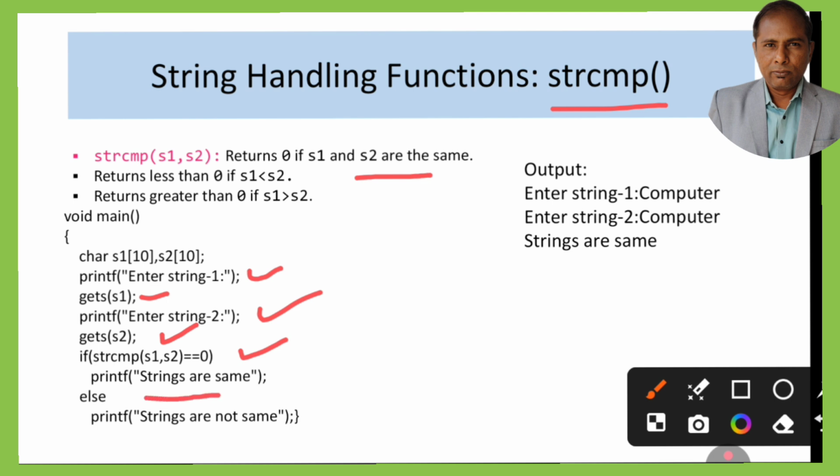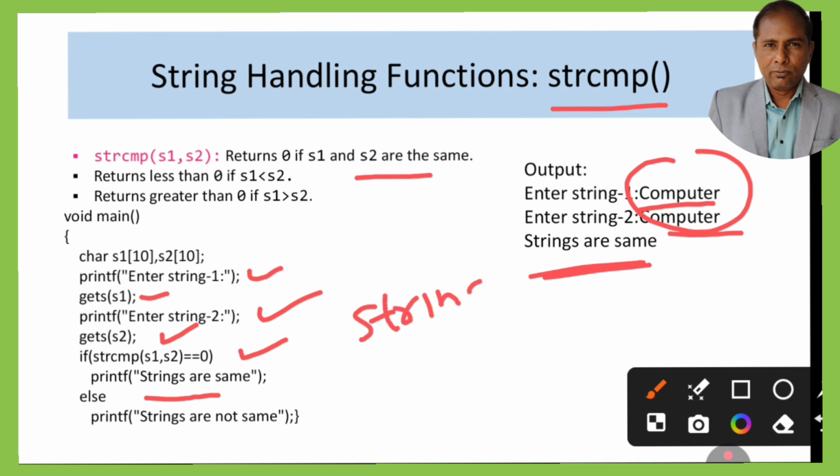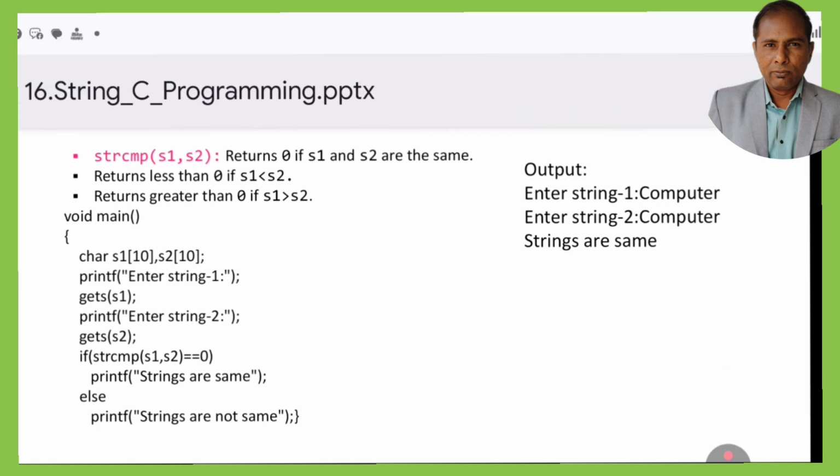Like this, we can check whether two strings are the same or not. For example, I have taken string 1 as computer and string 2 as computer. Since both are the same, our answer will be that the strings are the same. Here also we have to include the header file string.h. This header file is compulsory if we want to use the strcmp function.